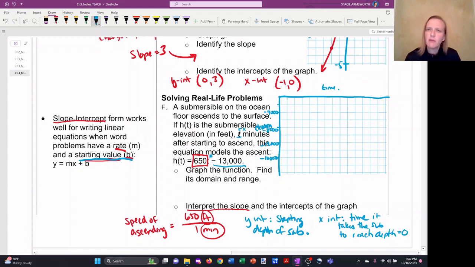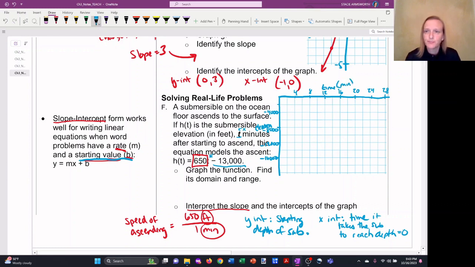And then in terms of time, I don't really know how much time this is going to take yet, but I'll just go 2, 4, 6, 8, 10, 12, 14, 16, 18, 20, 22, 24, 26, 28 minutes should be enough for this example.